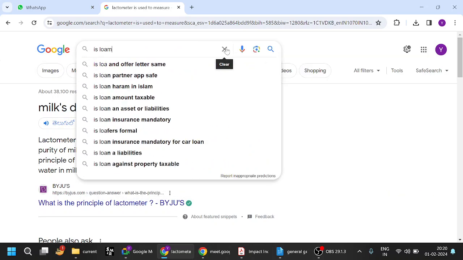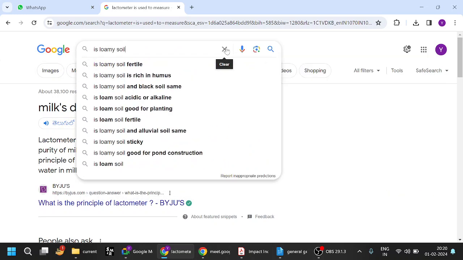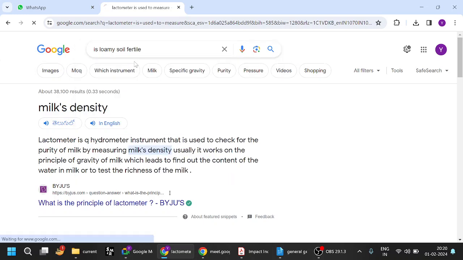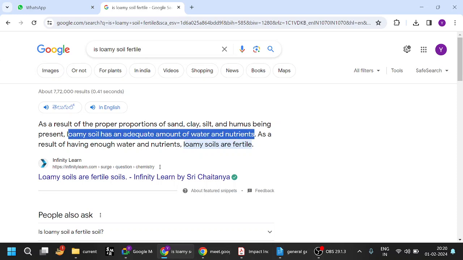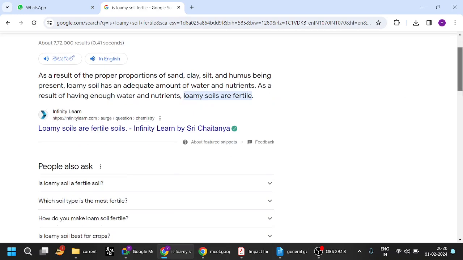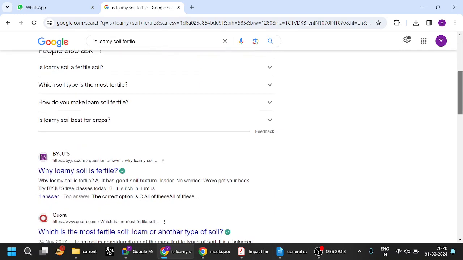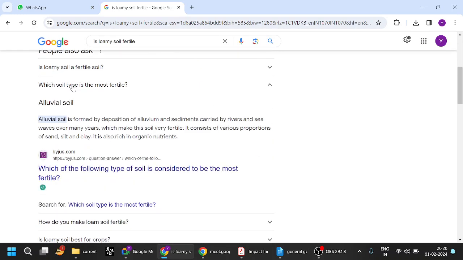Loamy soils are fertile as a result of having enough water and nutrients, a proper proportion of sand, clay, silt and humus. Loamy soils have an adequate amount of water and nutrients. So that is one thing. Loamy soils are fertile. Which soil is the most fertile? Alluvial soil is the most fertile.